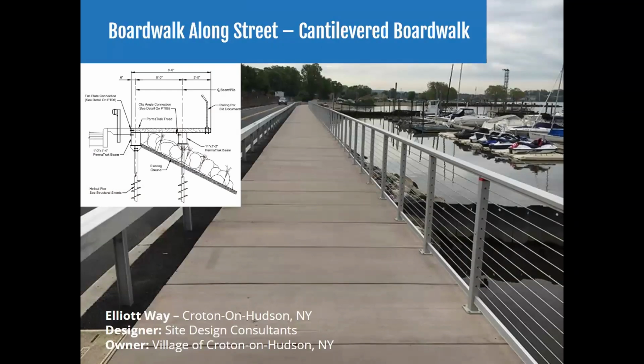In this case, though, the cantilevering of the boardwalk is to avoid having to put fill in a waterway. One option would be to install sheet pile walls and fill in part of that waterway area, but that has a lot of permitting issues and restrictions. It's not always feasible. So in this case, you can use an elevated structure and cantilever it to limit and minimize that impact.